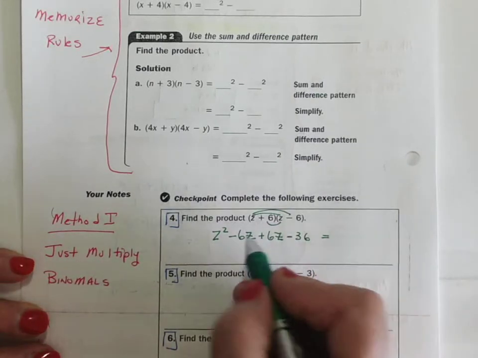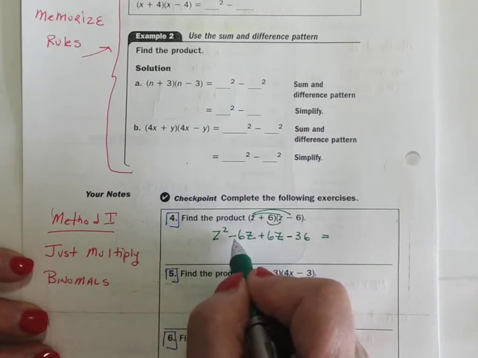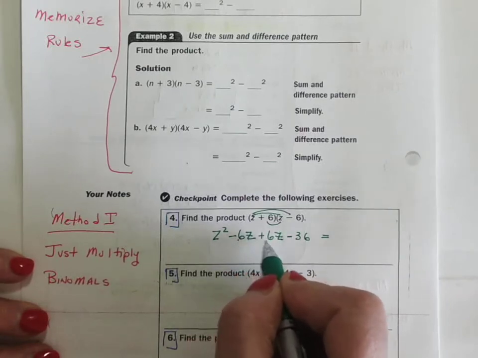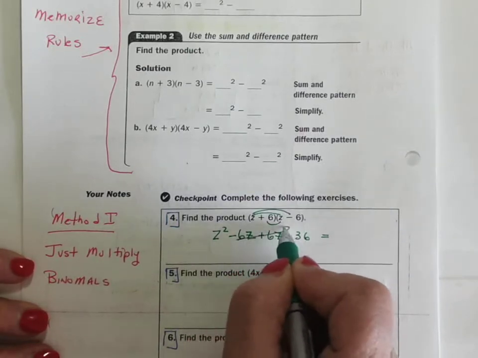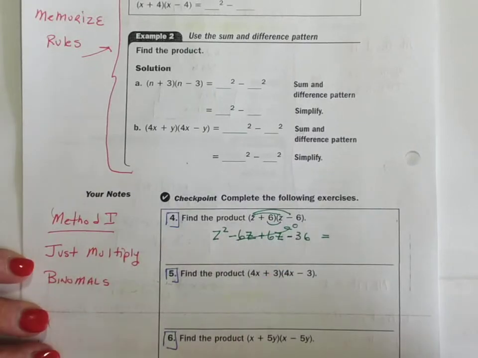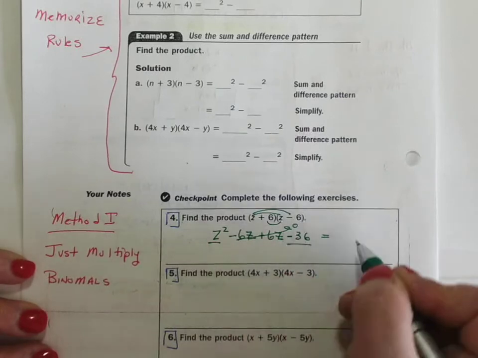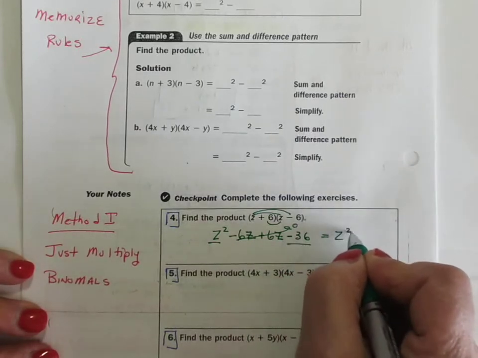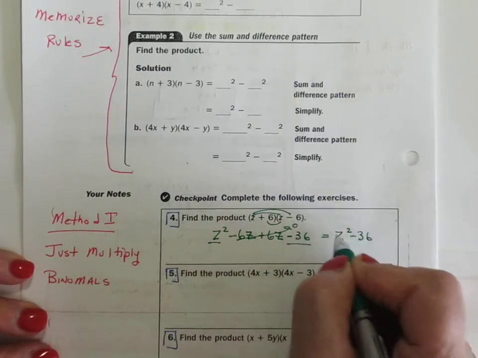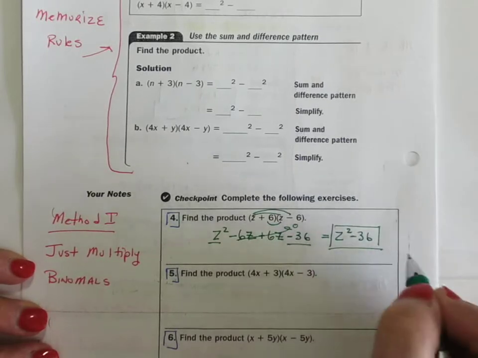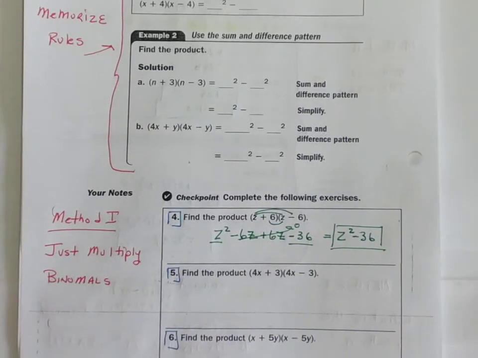Now notice what happens with my middle term, negative 6z plus 6z, that cancels out to be 0. And I'm left with z squared minus 36. If you got that, great. You're understanding how to multiply binomials.